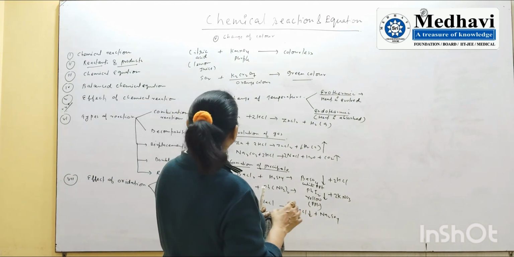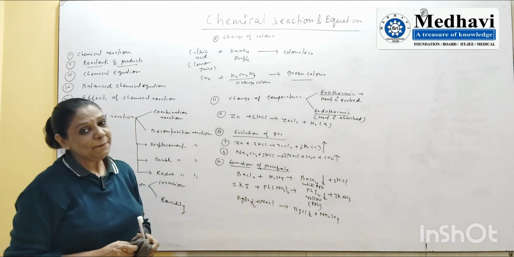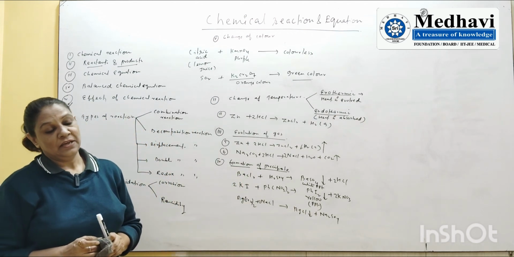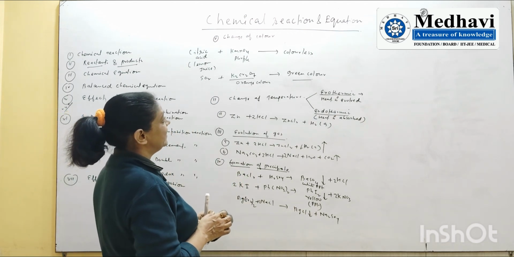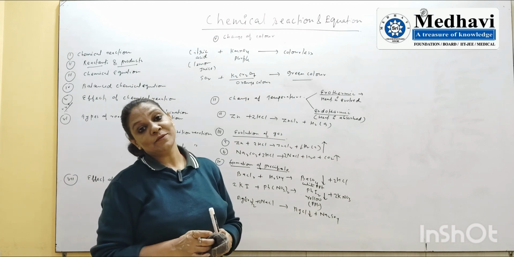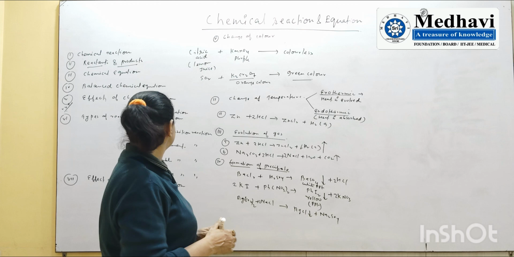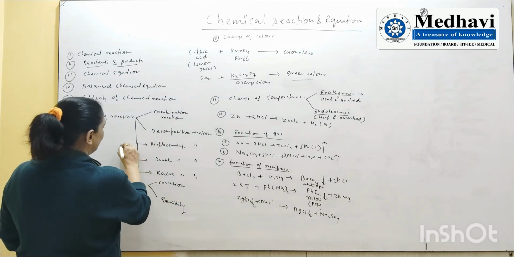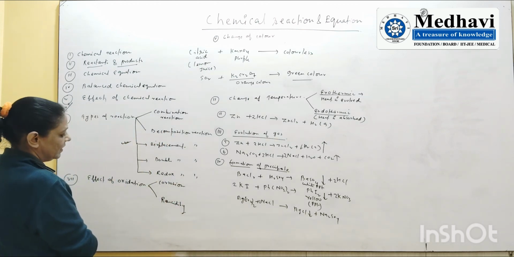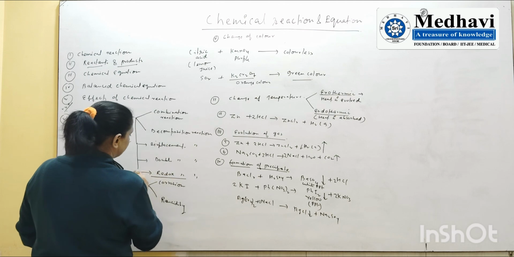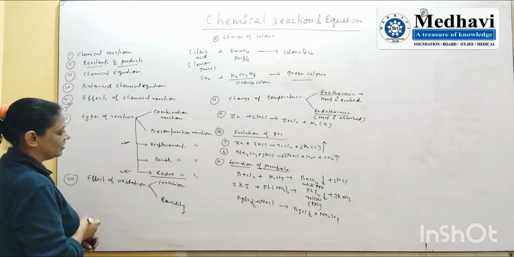The next part that we have to discuss is types of chemical reaction. When we start chemical reactions, what are the different types? For example, displacement reaction. This reaction is going to be used in the organic chemistry part. Redox reaction is also going to be used in the organic chemistry part.